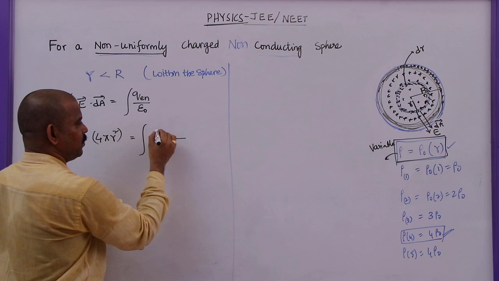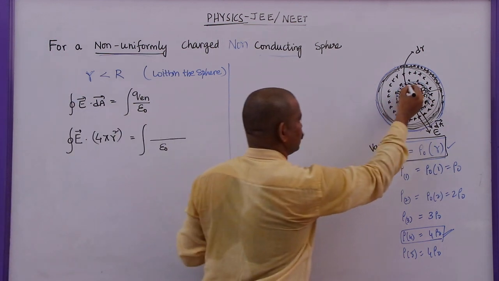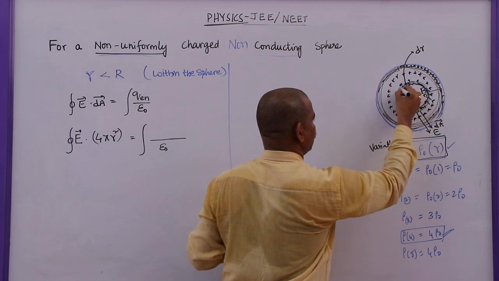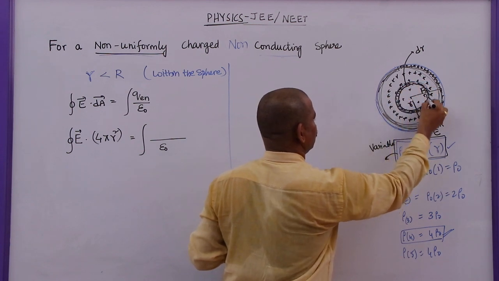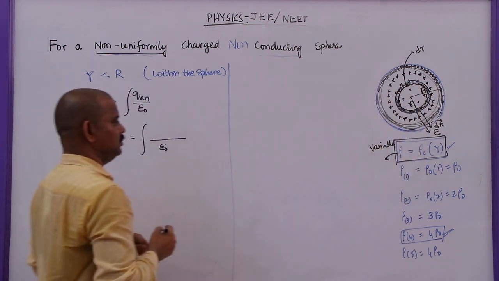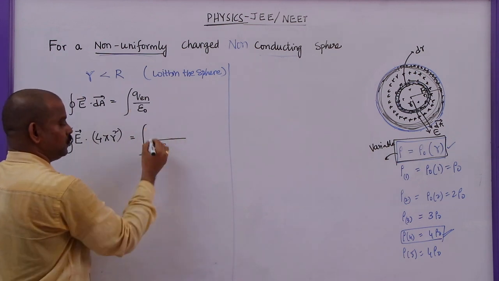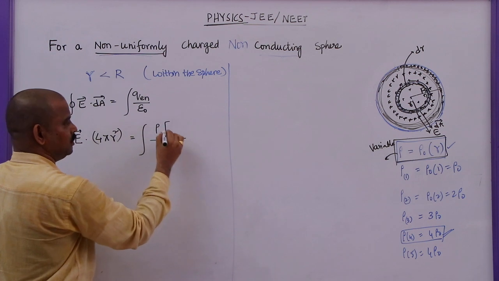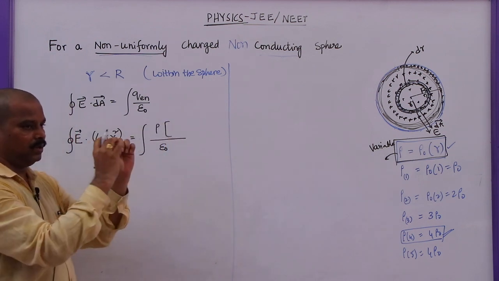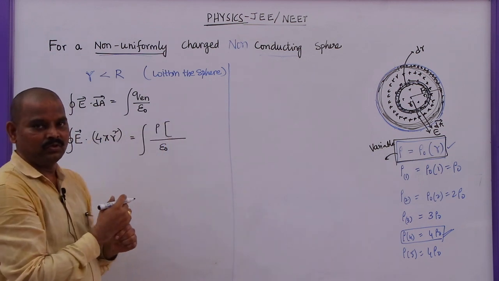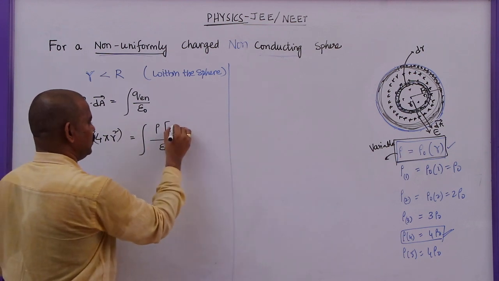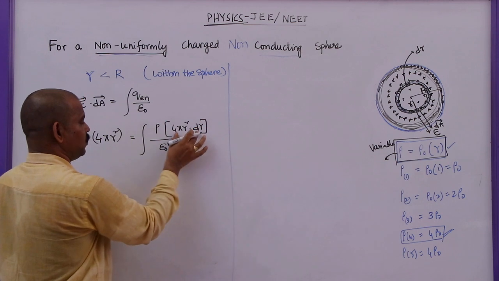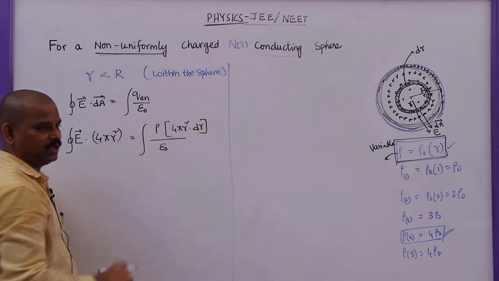In that small elemental strip, the charge is given by Q is equal to rho V. What is V? The volume of that small elemental shell is given by the surface area 4 pi r square into the thickness dr.